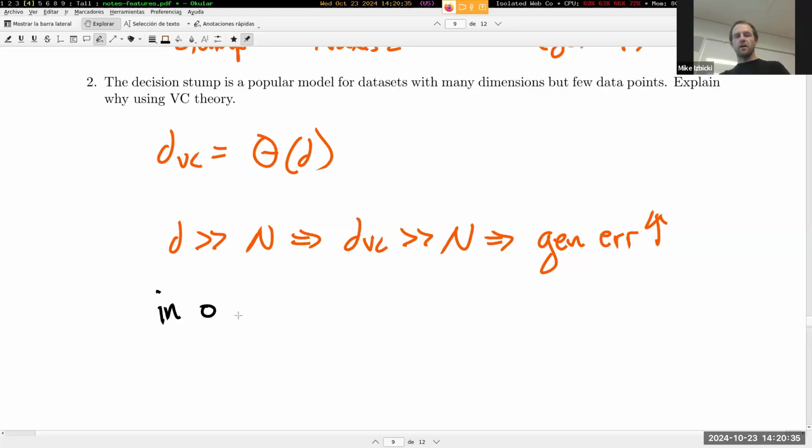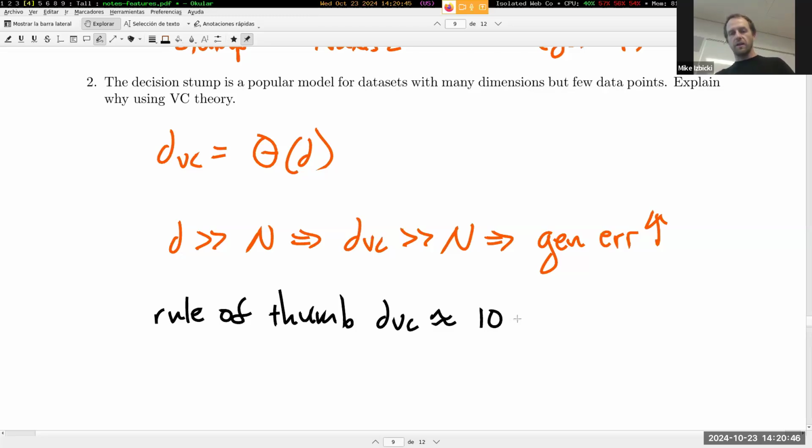we generally want our dVC... So, a good rule of thumb again is that 10 times the dVC, 10 dVC, should be approximately equal to N. That is a good starting place for doing something reasonable, having our number of data points be 10 times the amount of VC dimension.